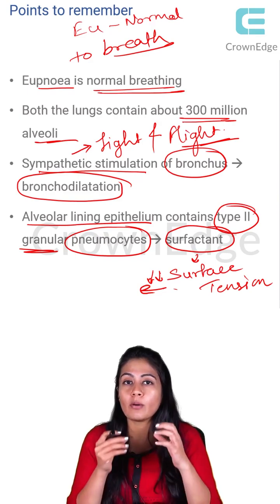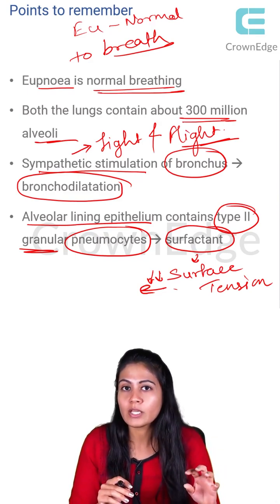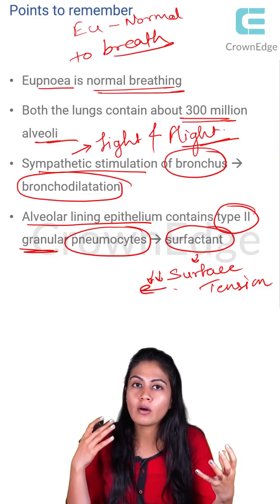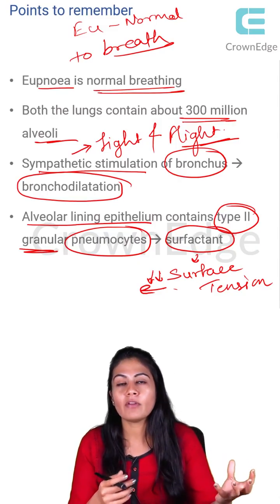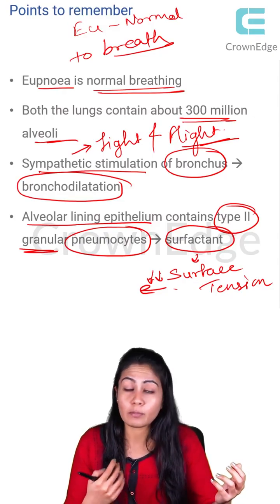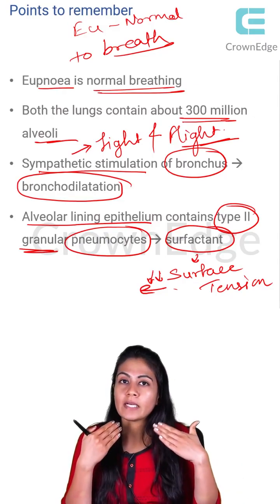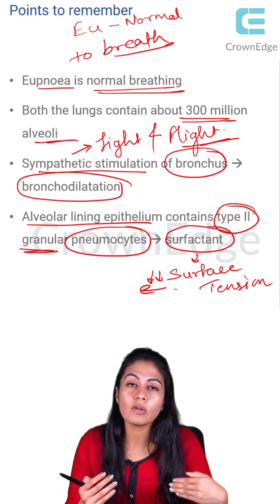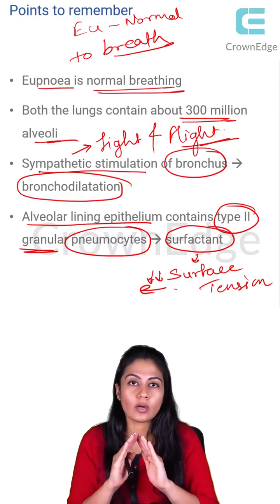Whenever you blow air into a balloon, if the balloon is wholly collapsed, you require more energy to inflate it. But whenever the balloon is somewhat inflated, you do not get that much resistance to blow much more air. So it is always easier if it is already inflated.